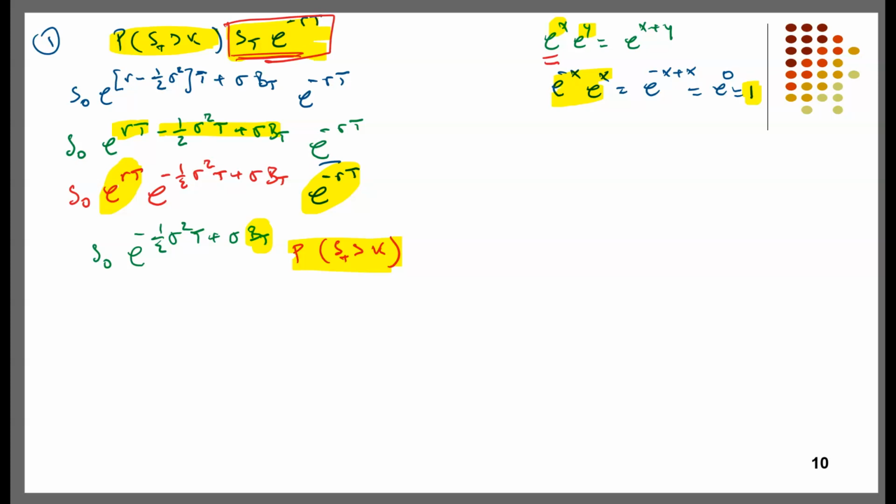And so the way we're going to do this is by using another theorem that's called the Girsanov theorem. That's, I think, how you spell Girsanov. That's the theorem.